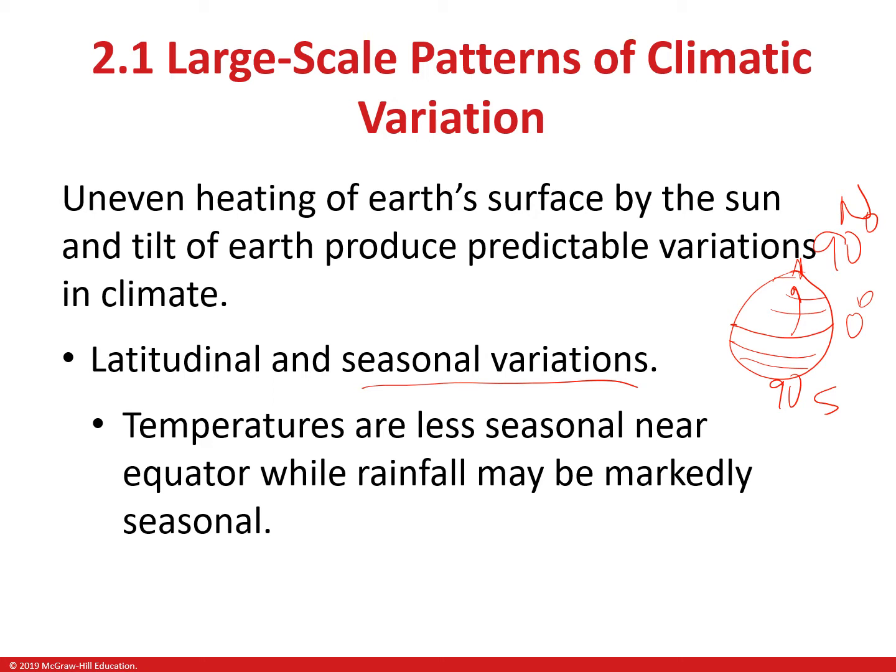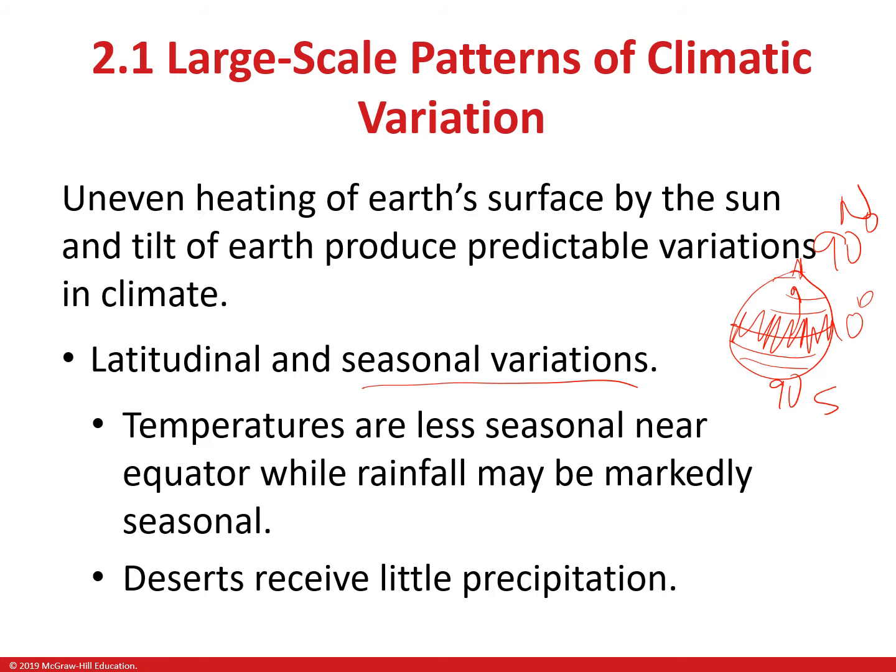Temperatures are usually pretty constant in the equatorial regions, so there's less variability around the equator, whereas obviously you have more temperature variability as you go towards the north or south poles. But the rainfall can be very seasonal in the equatorial regions.